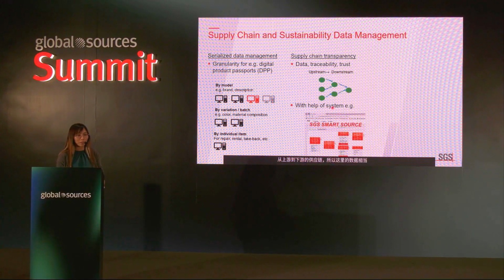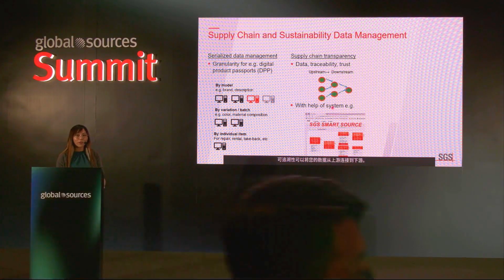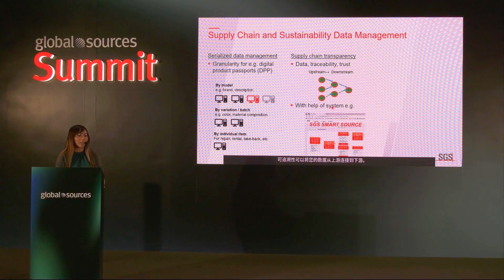And the traceability can connect your data from upstream to downstream. Finally, verification of these data can give trust to your data, and this is the whole picture of data transparency along the supply chain. You can also manage these via external platforms, such as some sourcing management platform.